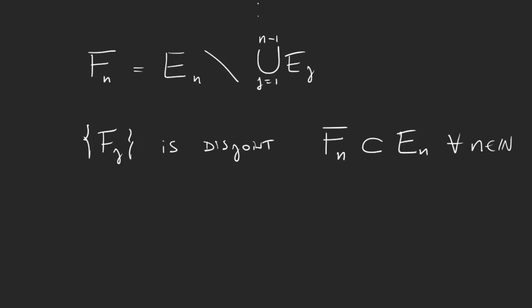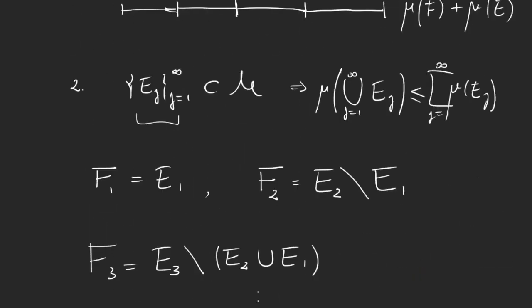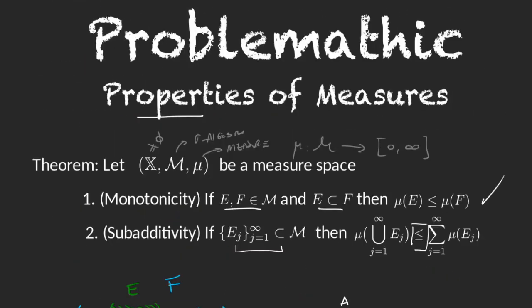Now, the fact that F sub n is a subset of E sub n, using the first property we proved, we get that the measure of F sub n is smaller than or equal to the measure of E sub n. This is because we are using the first property. We have a set that's a subset of another one, then its measure is smaller than the measure of the big one.